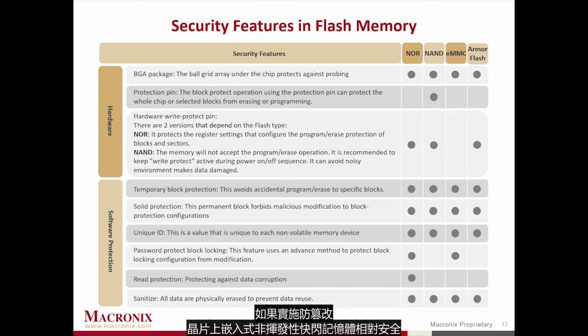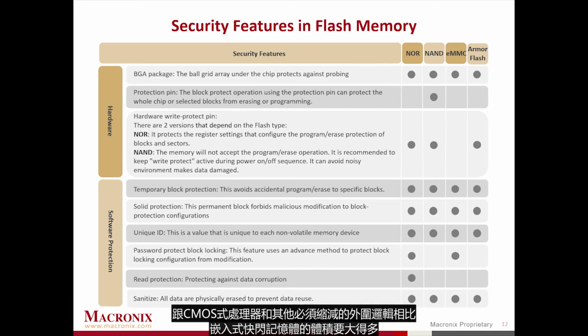On-chip embedded non-volatile flash memory is considered relatively safe if tamper resistance has been implemented. But increasingly, general microprocessor suppliers are shrinking the embedded non-volatile memory footprint to only store phase 1 boot code because as technology nodes shrink, say from 55 nanometers to 28 nanometers, the footprint for embedded flash is much larger compared to the CMOS-based processor and other peripheral logic that has to be shrunk.